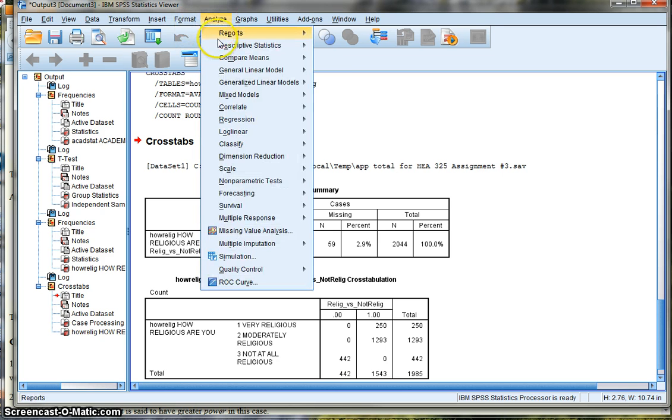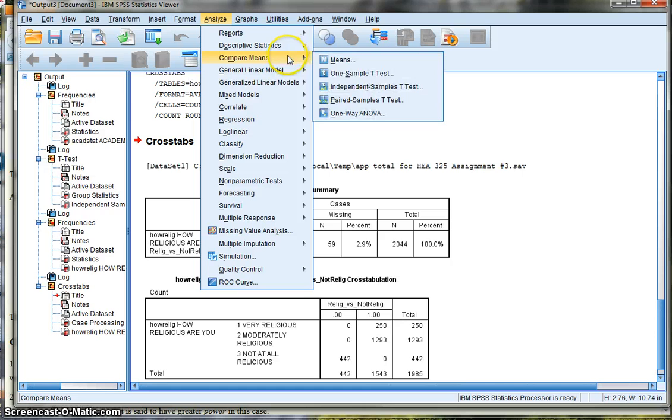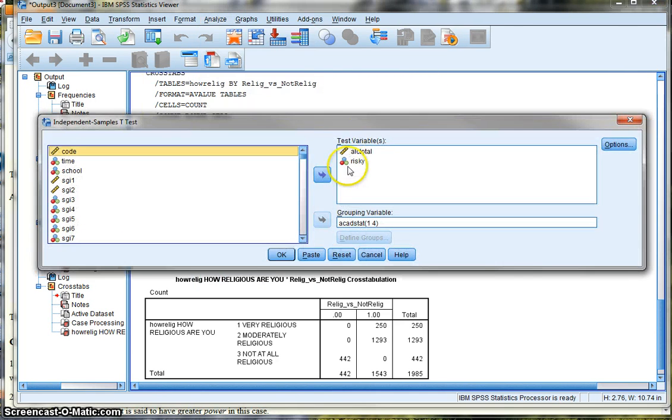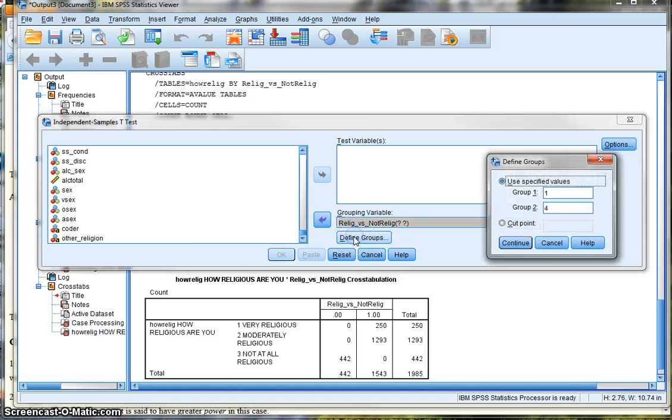Let's jump right into compare means, and we're going to do an independent samples t-test. Let's get rid of these. I'm tired of looking at these same old dependent variables. We're certainly going to be looking at a new independent variable. You may remember that we recoded these as 0 and 1. See, it retains the previous values from the previous analysis, but they're not appropriate now.